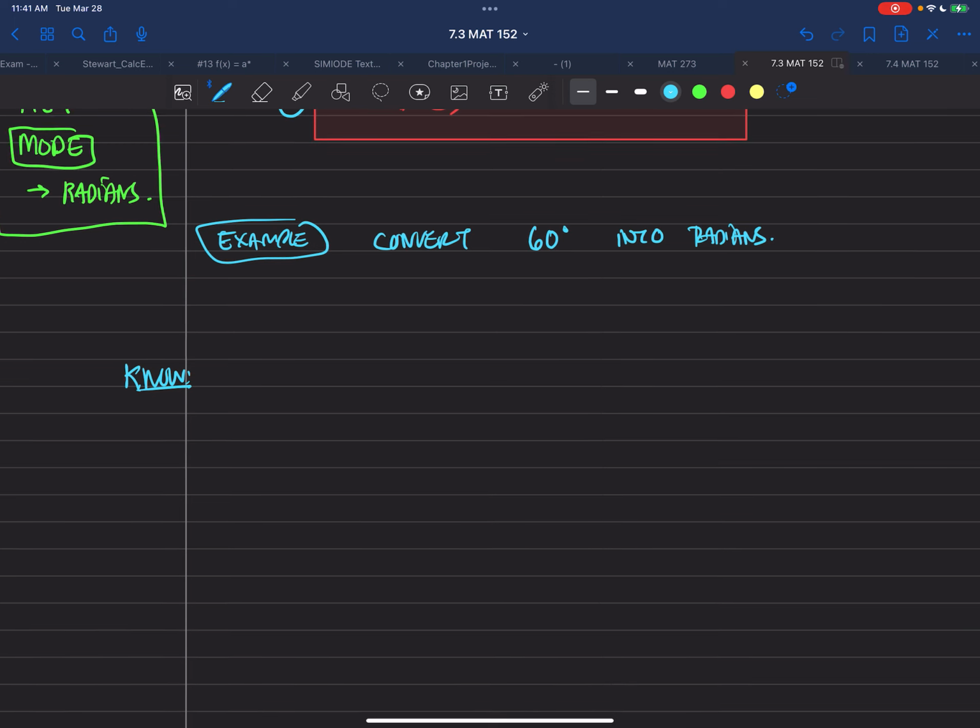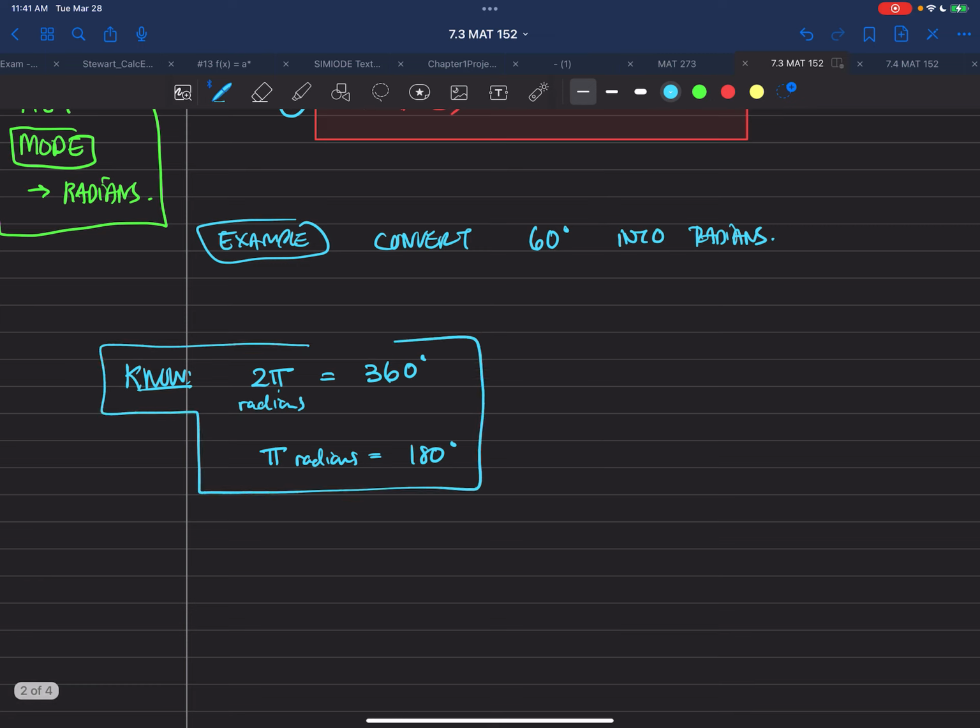So we know that 2 pi is really the same as 360 degrees. 2 pi radians is really 360 degrees, and so that tells us that pi radians is really 180 degrees. And so this is what we use as our converter.